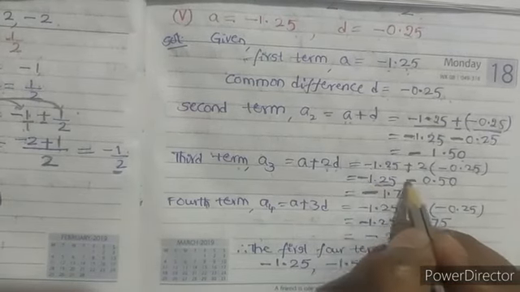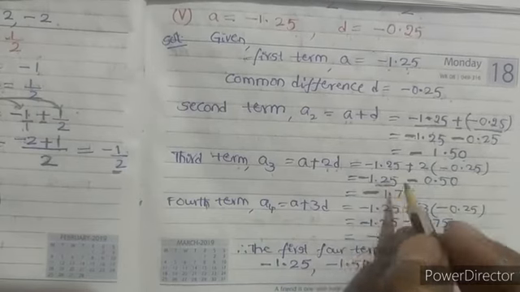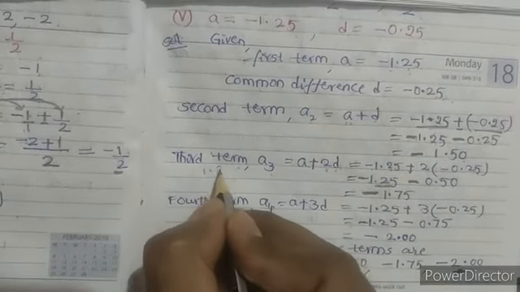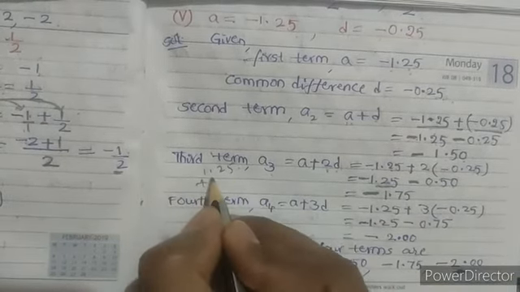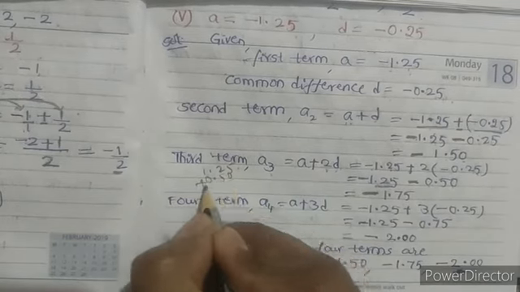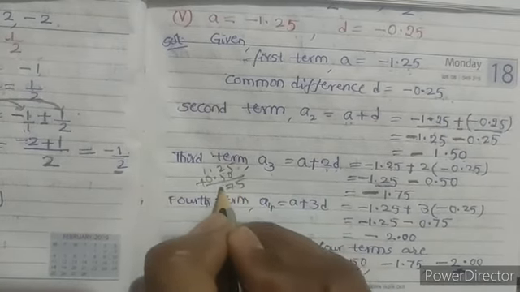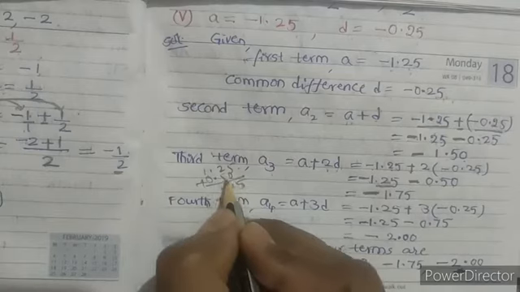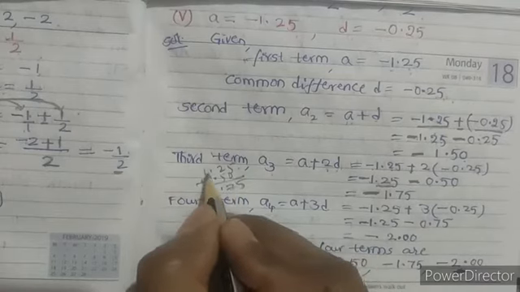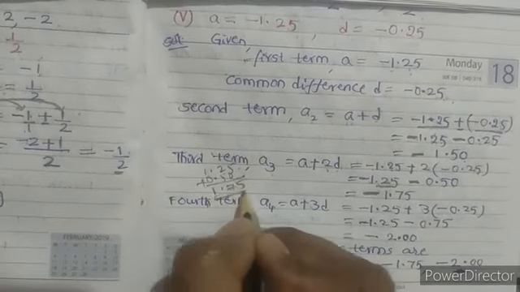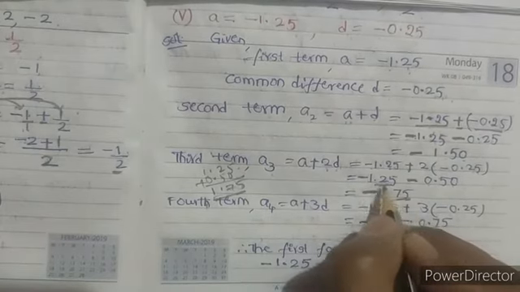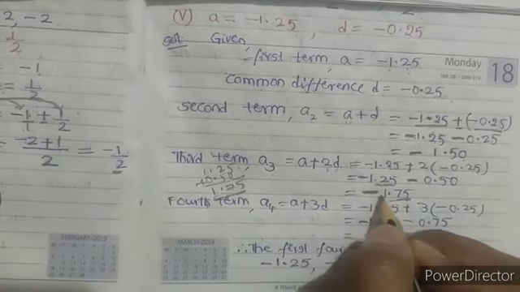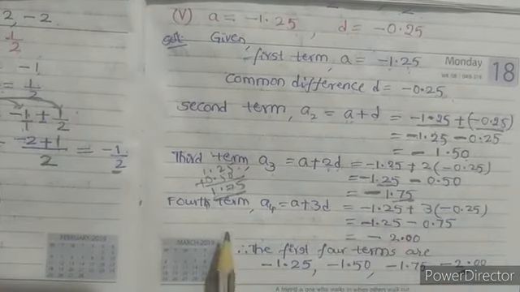Same symbols are there. Add these numbers, 1.25 plus 0.50. If you add them, 5 plus 0 is 5, 5 plus 2 is 7, and 1 plus 0 is 1. So 1.75 you will get. Both are negative, so negative answer, minus 1.75.